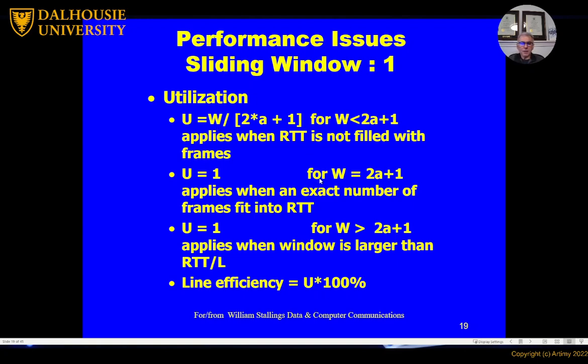If it's the other way around, if the TF is greater than TP, so the time to transmit a frame is actually much larger than the time for the propagation, then we can have a full utilization by making W equal 2A plus 1.